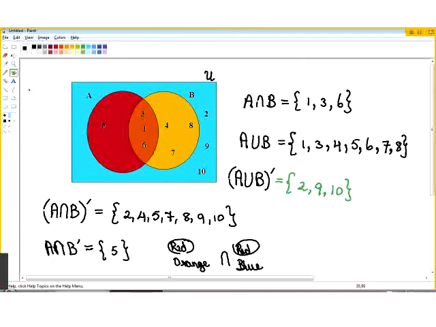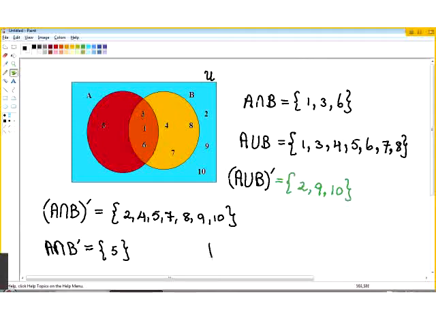Okay? Now, if you follow that, I want you to try this question for me. Give me what is A prime intersect B. A prime intersect B. So let's see what it comes with.